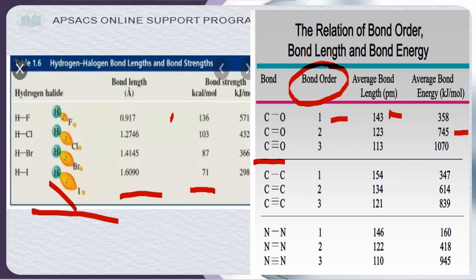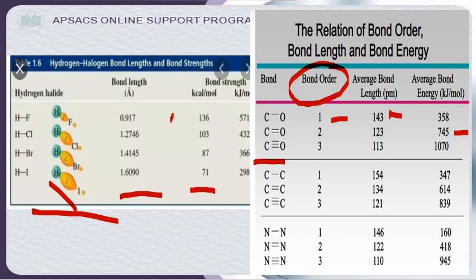Bond order is 3, right? So the length decreased further. The bond energy increased. It is 1070. So as the number of bonds between the two bonded species increases, the bond length will decrease and the bond energy will also change, right?